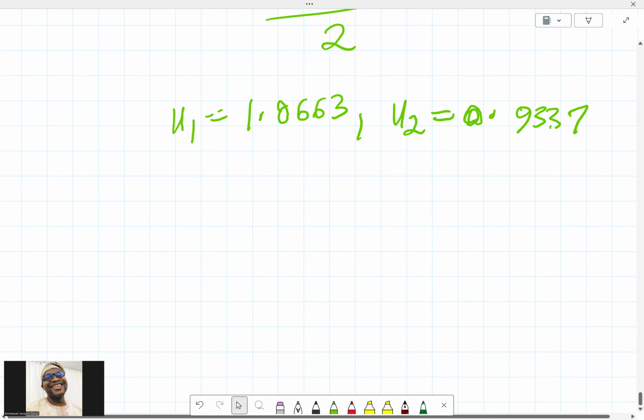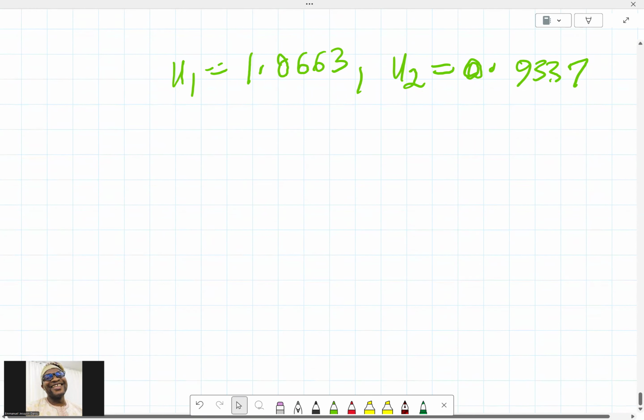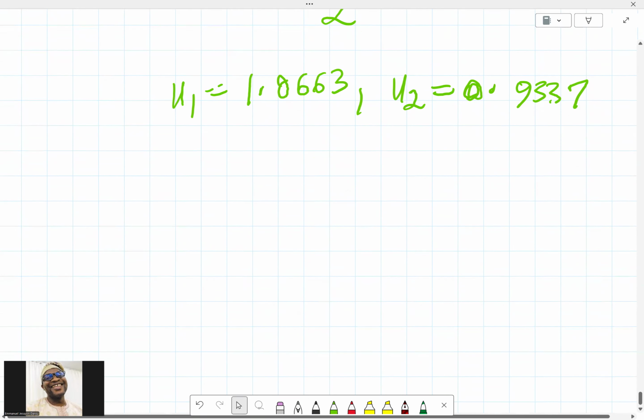Let me see. Turing pattern in morphogenesis. Then we have this now. Steady state, that's towards the end. Yeah, we're here. So I've got the values of U1 and U2 now.